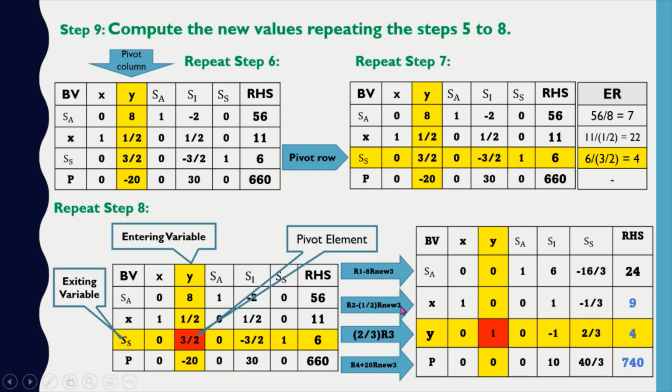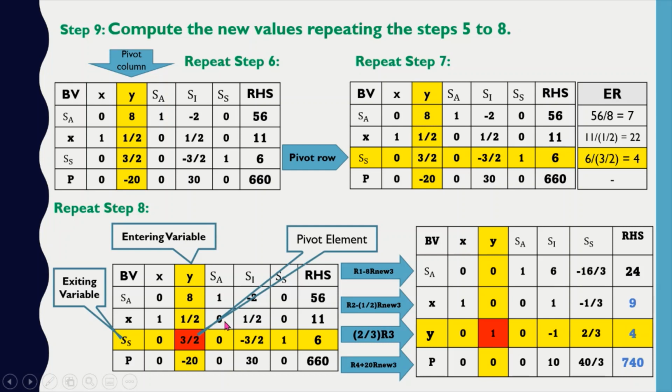So that is 1 half times 0, that is 0, which is 1 minus 0, so it is equal to 0. Next, we have 1 half R2 minus 1 half times your new R3, which is 1. So that is 1 half times 1, that is 1 half. So 1 half minus 1 half is equal to 0.